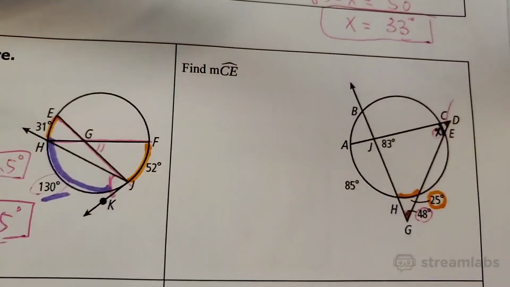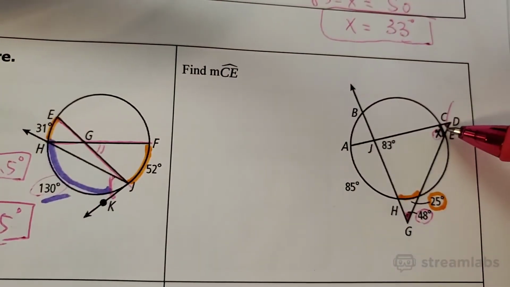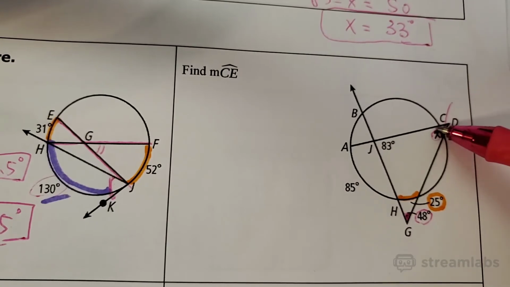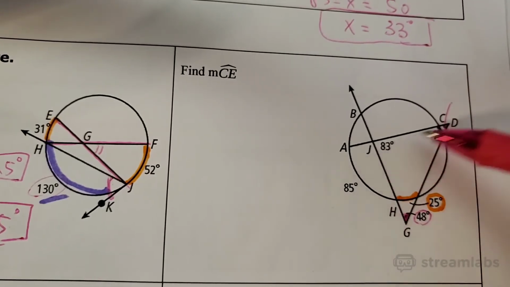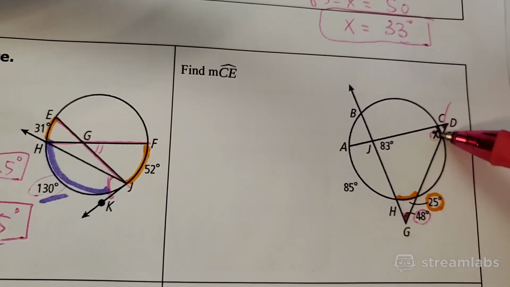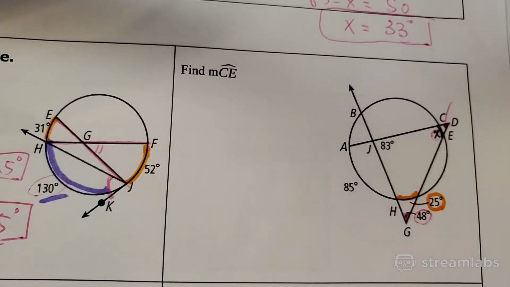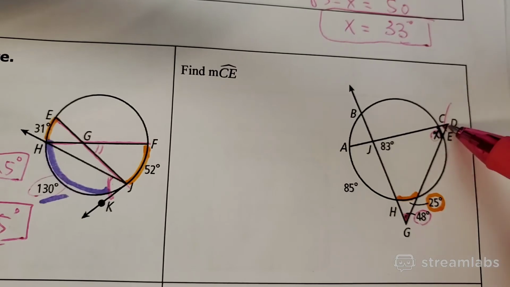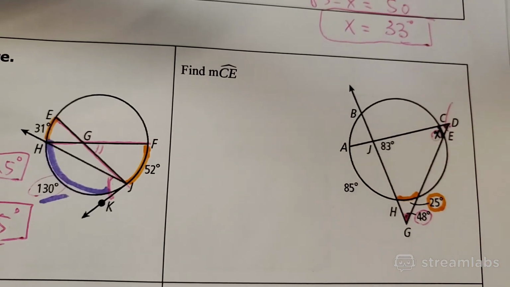I'm looking for this angle to find this arc, because if I have this angle, then I can find the difference between these two arcs and divide by 2, and I'll get this. So how do I find this angle? I want you to take a look at this triangle right here.